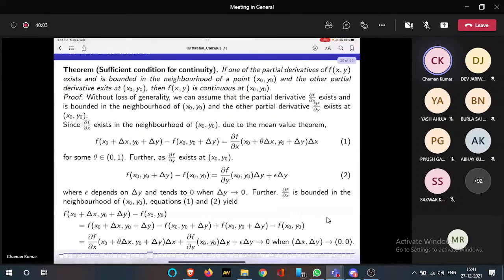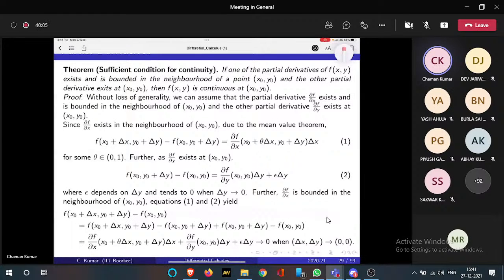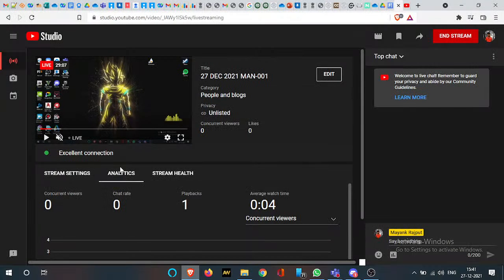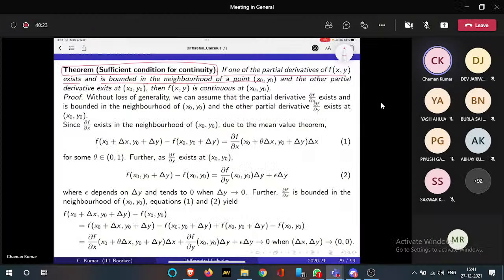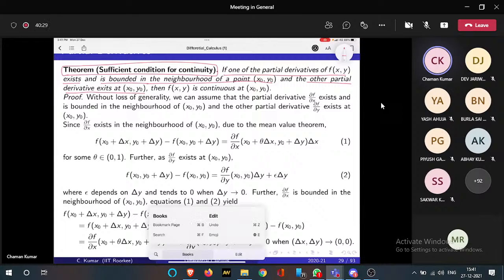Now we give the sufficient condition for continuity. It says that if one of the partial derivatives exists and is bounded in the neighborhood of the point x0, y0, and the other partial derivative exists, then f is continuous.